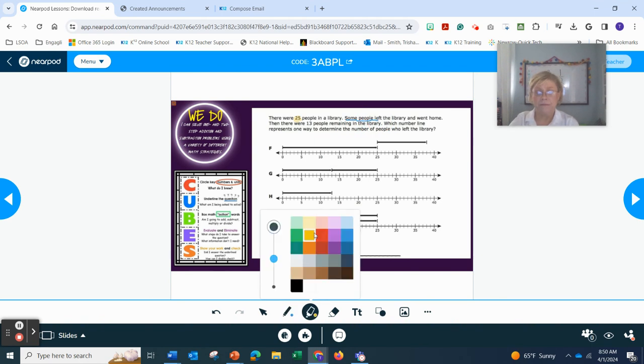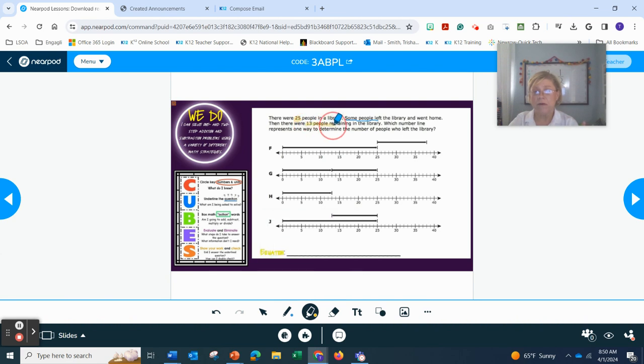And then there were only 13 people remaining in the library. Which number line represents one way to determine the number of people who left the library?